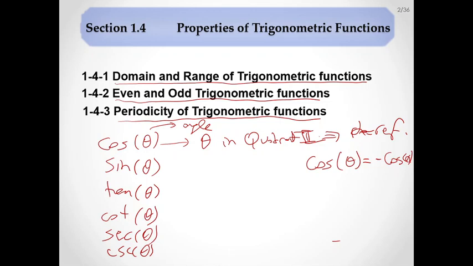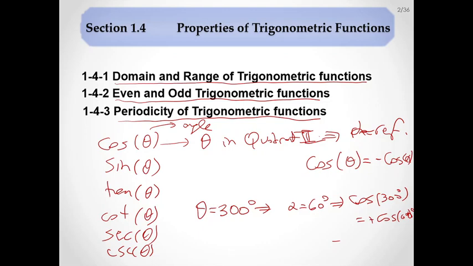If we are given something like 300 degrees, we make the reference angle 60 degrees, and then you can convert this 300 to 60, and we say it's positive in the fourth quadrant.